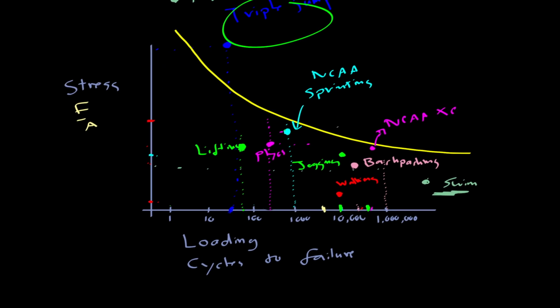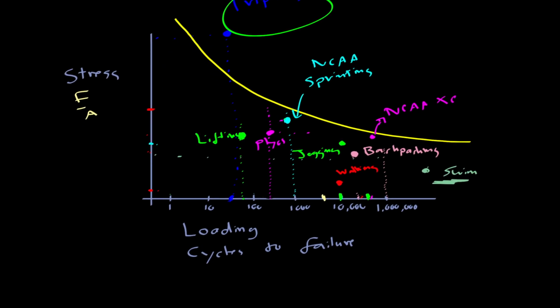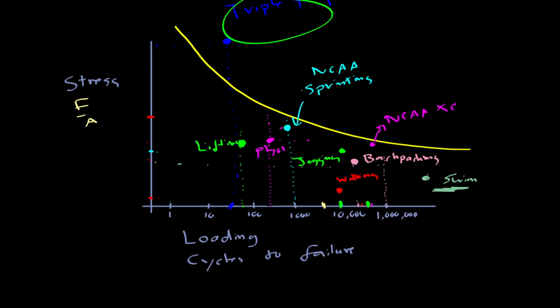And as we mentioned in the last video, there's this interesting relationship where small changes in the amount of force, or the amount of stress, can lead to dramatic changes in how many loading cycles you can tolerate. So suppose you double how much you're lifting.